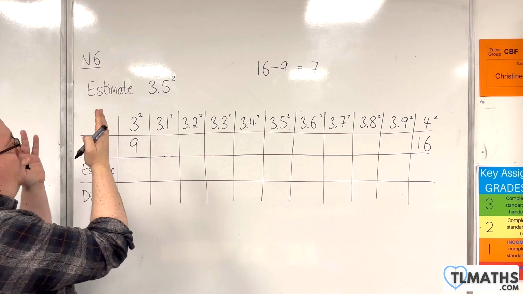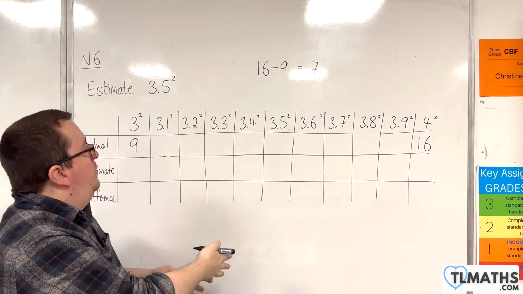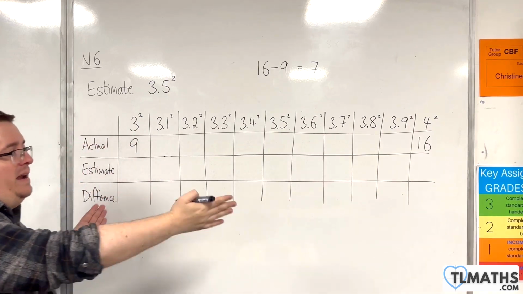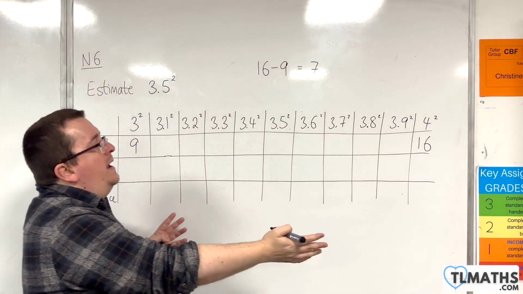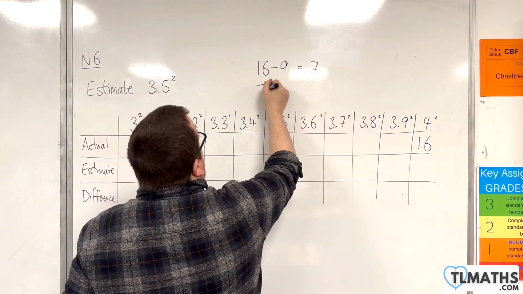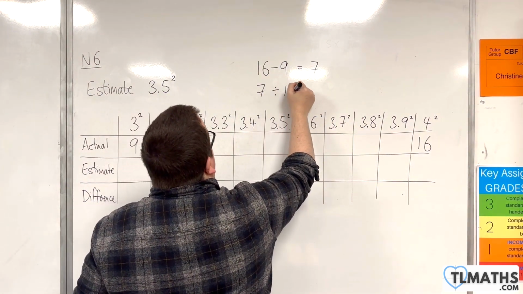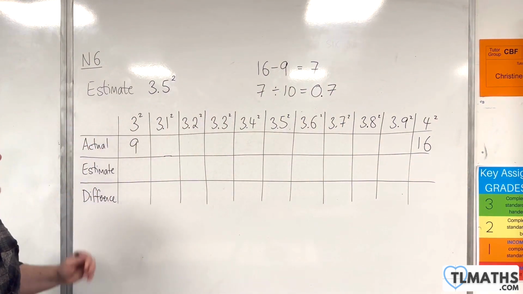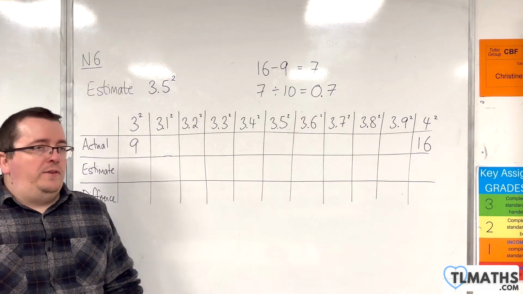Going up from 3 to 3.1 to 3.2 to 3.3, and so on up to 4, I've got 10 pieces. So what if I thought about, if I've got a 7 gap, then I do 7 divided by 10, and that's 0.7. So I could go up in 0.7s.